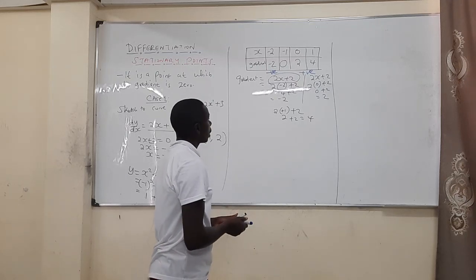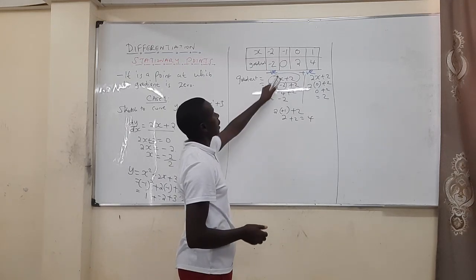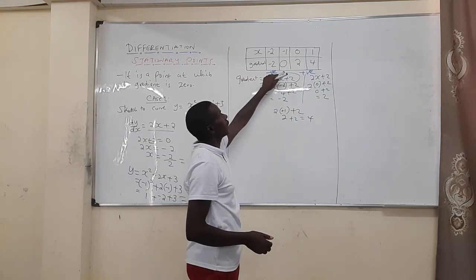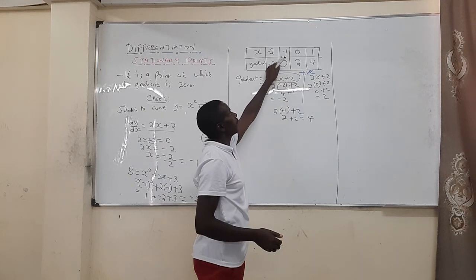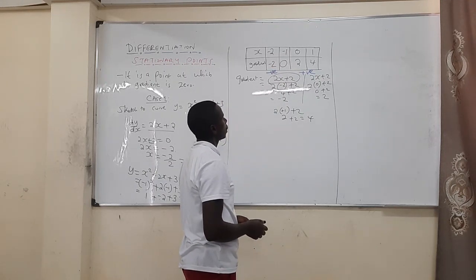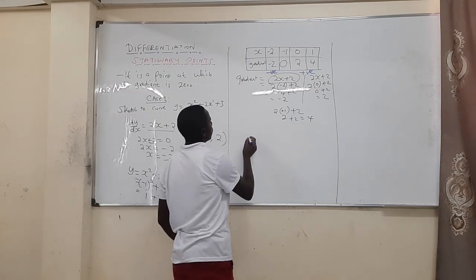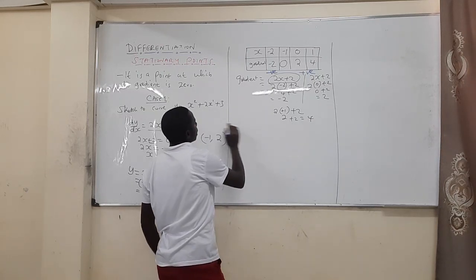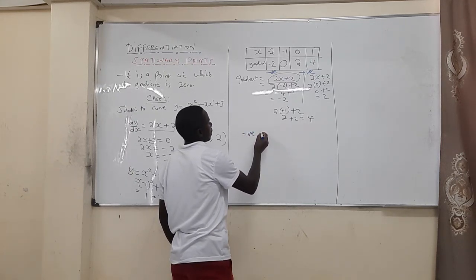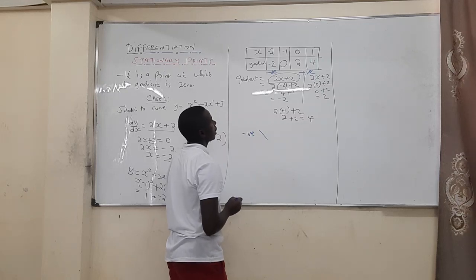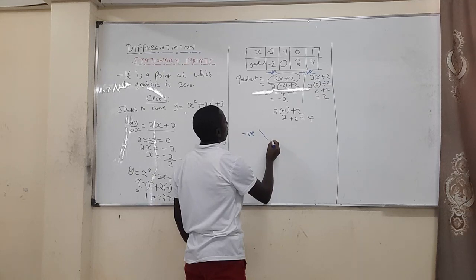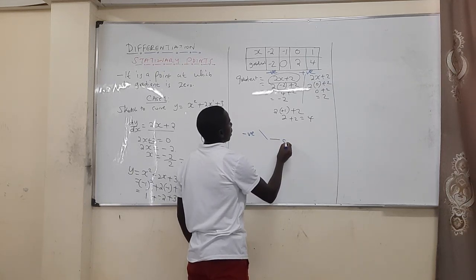On the left hand side of minus 1, the gradient is negative, then 0 at the stationary point, and on the right hand side of minus 1 the gradient is positive. Now, for us to be able to sketch the negative gradient, it is represented like that. That is how the negative gradient behaves. Then 0, that is 0.